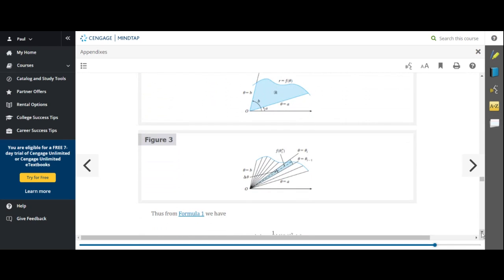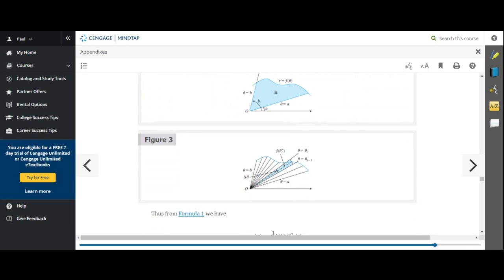We can do the same thing here. We can take the area under the polar curve, r equals f of theta, and break that region up into different little sectors. And each little sector has a starting angle and an ending angle.